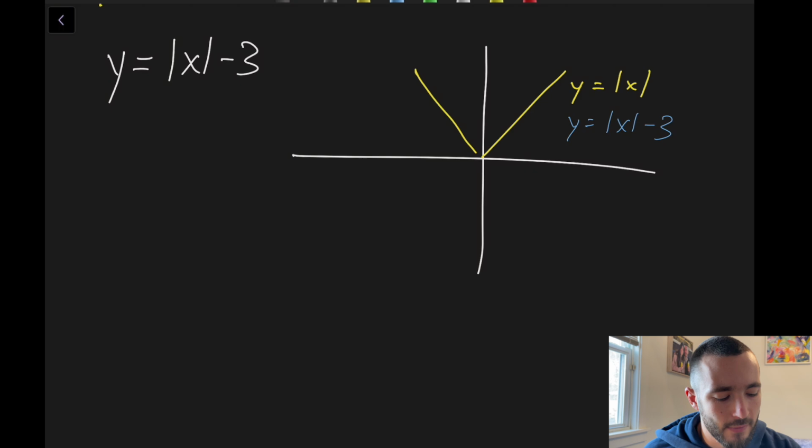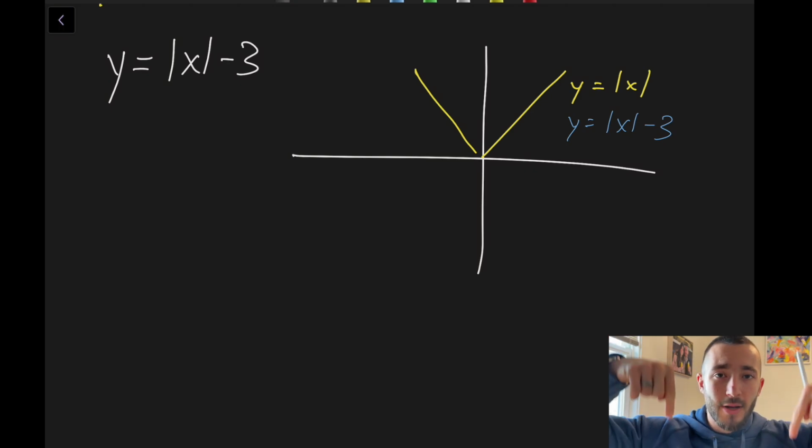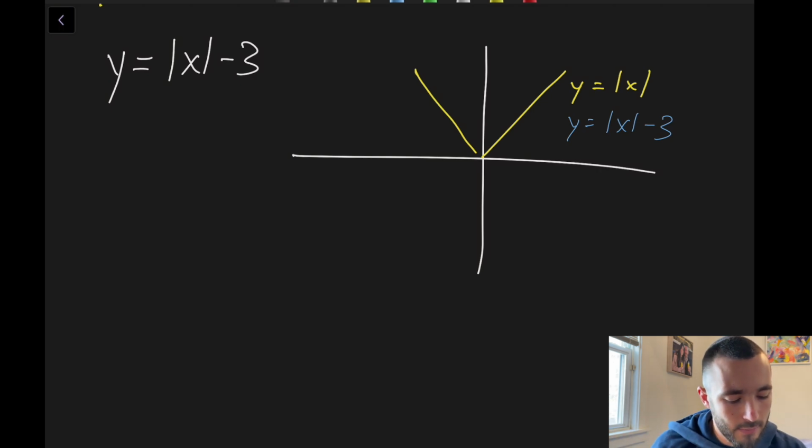What is that doing? It's going to take every single point on the graph and bring it down 3. So whatever this point is here, it's going to shift down to here. This point right here is going to shift down to here. This point right here, shifting down. So we're going to end up with this V that's all shifted down 3.